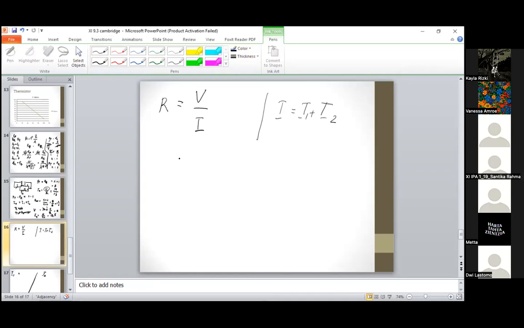So, which is bigger? If I say RQ compared to RP, this is 1, this is 2, and if I have R with the constant voltage, the value of I, okay.